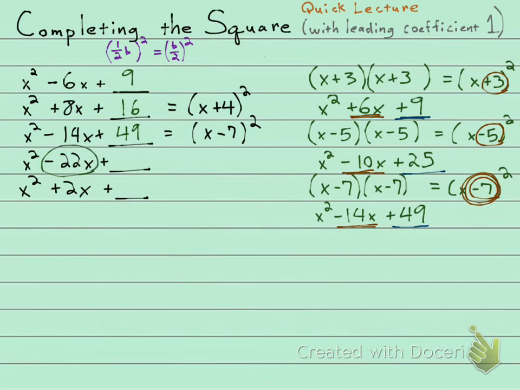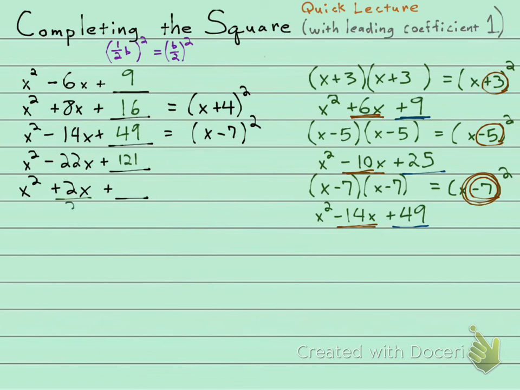Half of negative 22 is negative 11. Negative 11 squared is 121. Okay, if you're putting it into your calculator, make sure you put a negative inside the parentheses, because negative times negative is a positive 121. Notice these numbers are always positive.